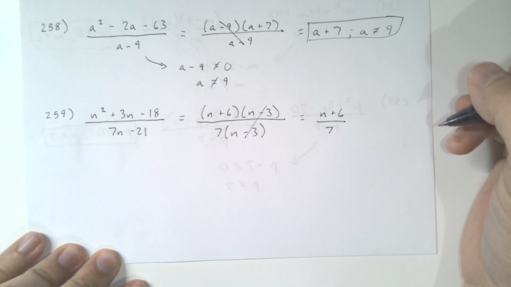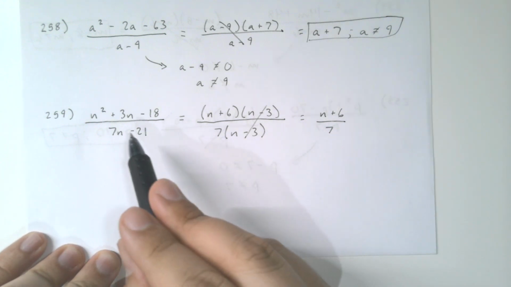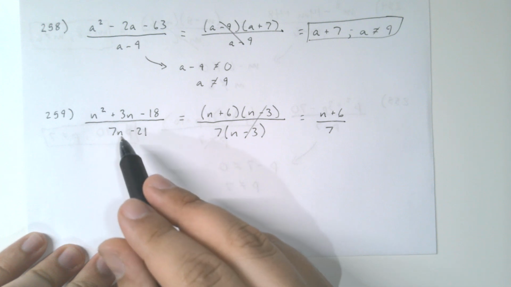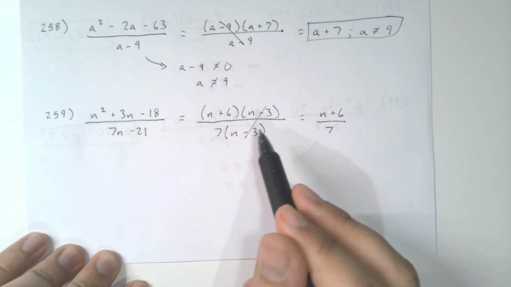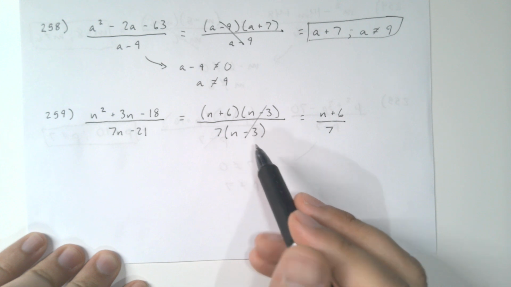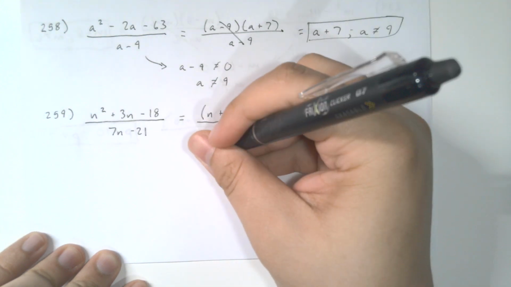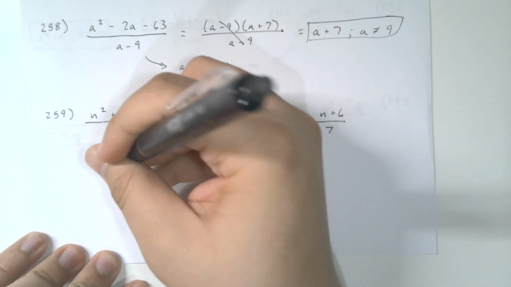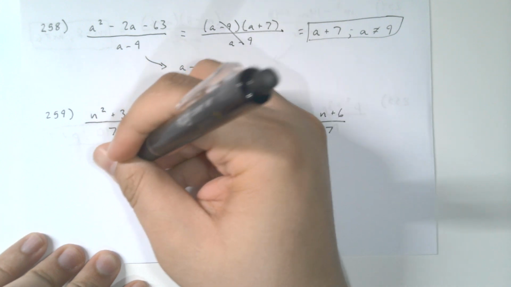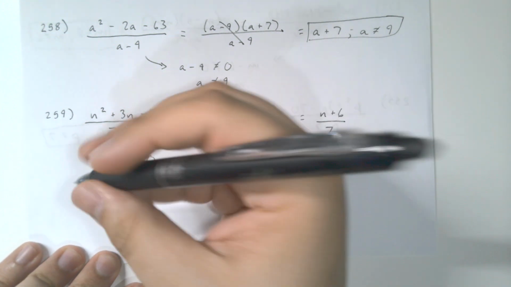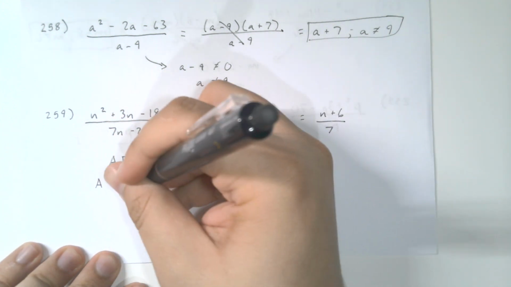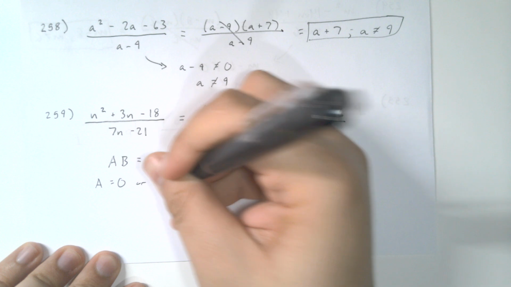And so we want to find our excluded values. Now we can start over here and solve this equation, or we can actually use the zero product property. Remember, that's that if we have a times b equal to 0, then a is equal to 0 or b is equal to 0.